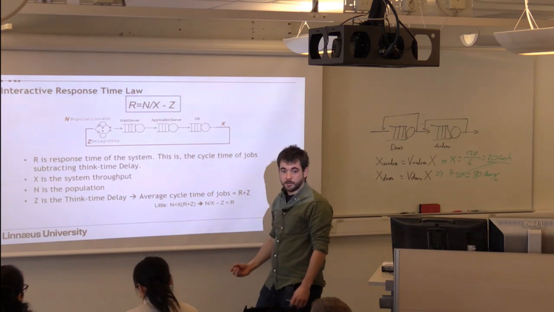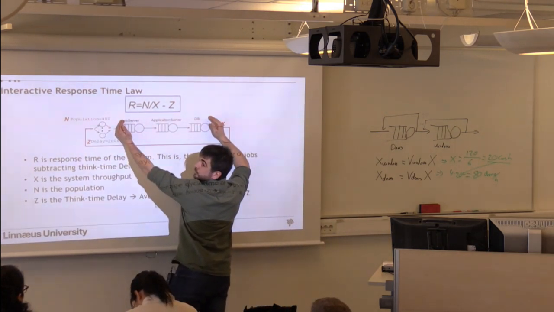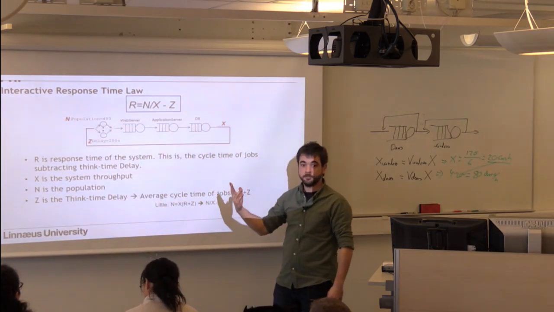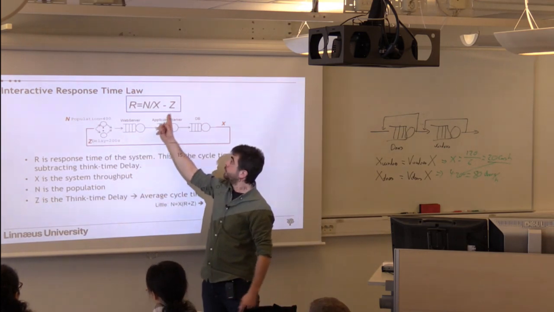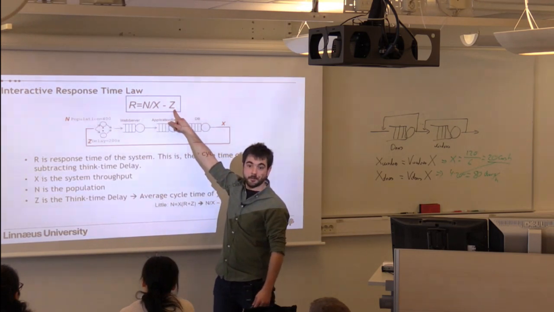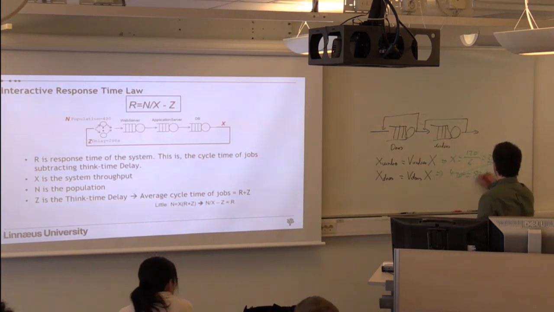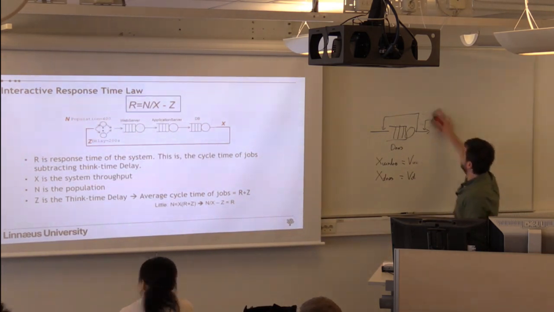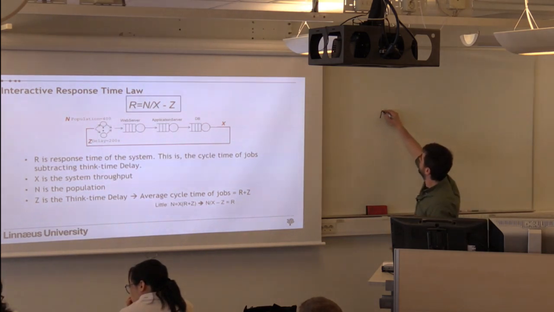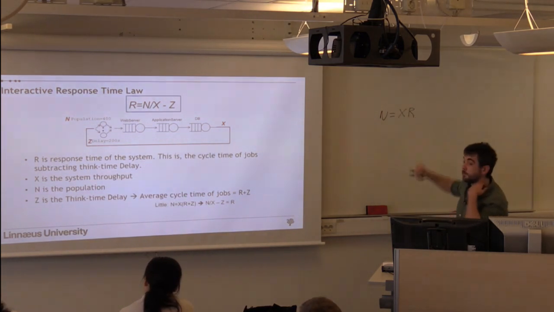But for our computing system, we are not interested in the time of everything, only how much time it takes the system to answer. So the think time, we are not interested in that. That's why this delay is called Z. So we will subtract. 2 ways of seeing this. Little's law says that the number of users was the throughput times the residence time.